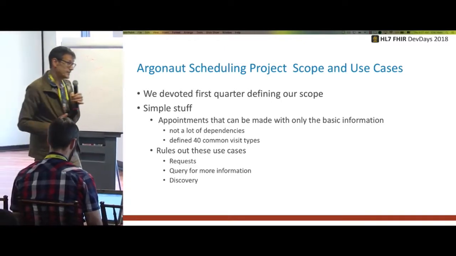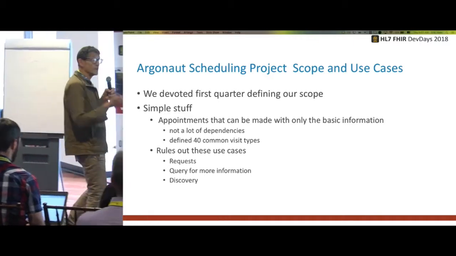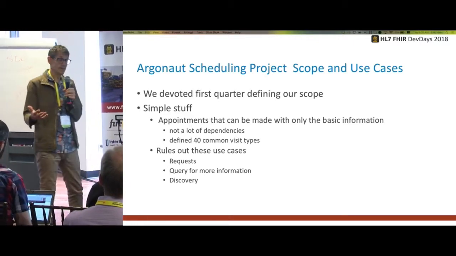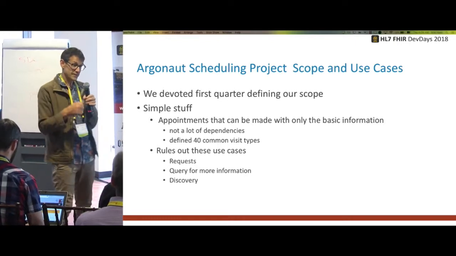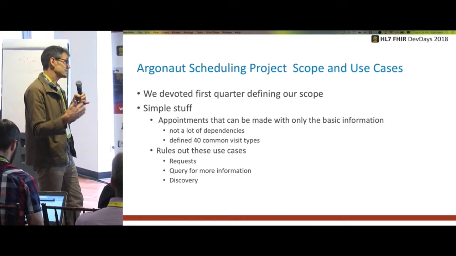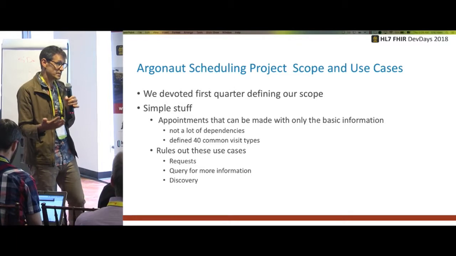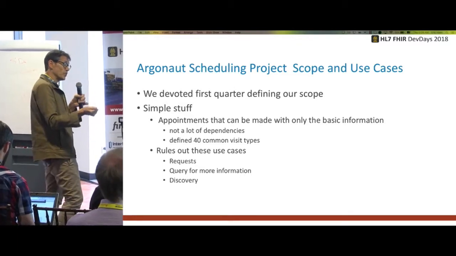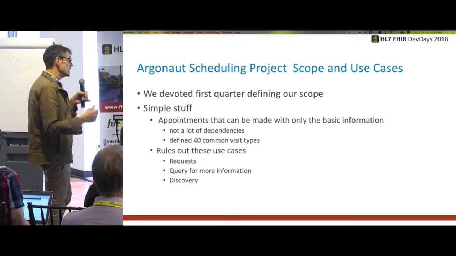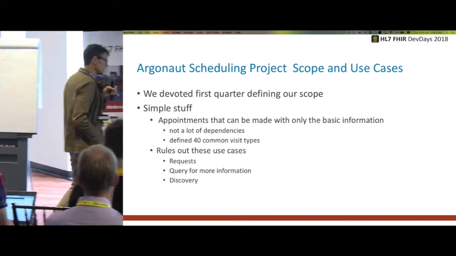In some cases you have to make a request and they say, yeah, we'll get back to you. It's more of an asynchronous response where everybody has to line up their resources and come back. That would be an appointment request, versus a simple appointment where you just ask for an appointment and you get it back. So we ruled out that important use case.